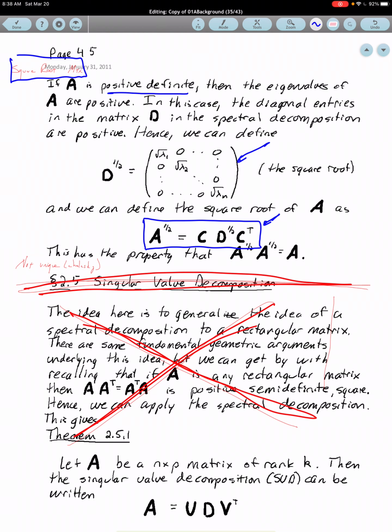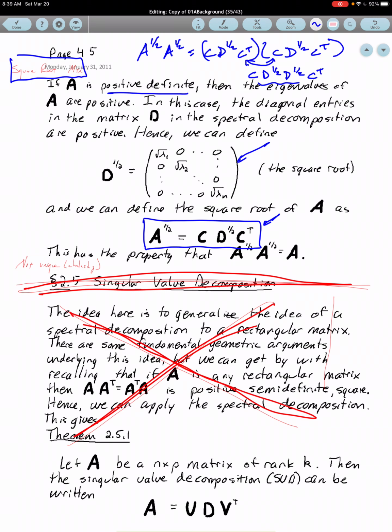And we can see that A to the 1/2 times A to the 1/2 is going to equal C D to the 1/2 C transpose times C D to the 1/2 C transpose. Well, this C transpose and C, if I drop the parentheses, is going to give me an I. That gives me C times D to the 1/2 times D to the 1/2 times C transpose.